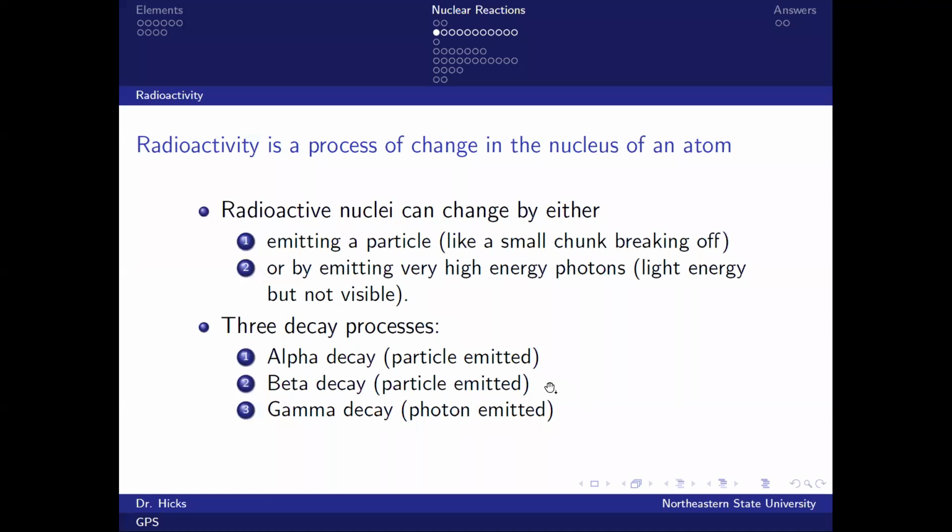The 2 that emit a particle are alpha decay and beta decay, where in alpha decay, the particle that's emitted is the alpha particle, and in beta decay, the beta particle is emitted. Gamma decay emits a gamma ray, which is the high energy photon. So it's not a particle, it's just essentially emitting a super high energy bit of light, way higher energy than even X-rays.